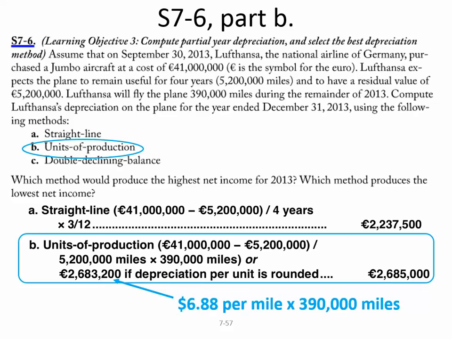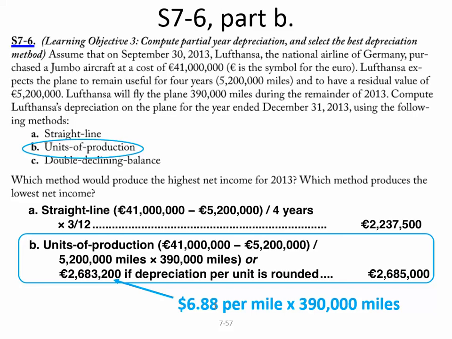And then that 2,683,200 that I referred to there, that's $6.88 per mile times 390,000 miles. Okay, so that is what you get if you round the per-mile amount to 6.88. If you calculate this, it's actually 6.8 something.